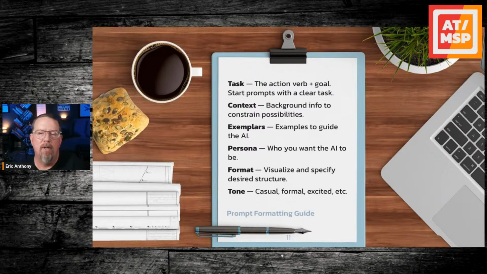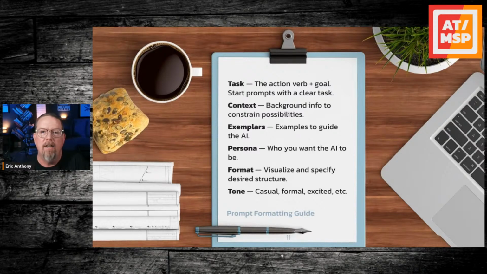This one that I have on the screen is relatively generic. You want to give it a task. You want the task to be clear, right? You want to give some type of context. We talked a little bit earlier about giving it resources to use and things like that. So you want to give the AI enough information specific to what you're talking about, what you want the answer to be framed with, right?